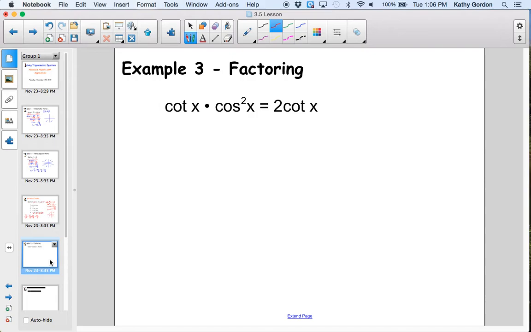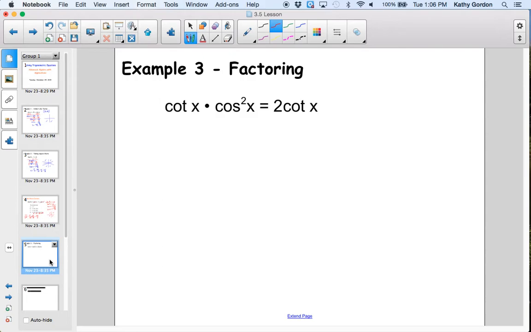And if you divide by anything that has a variable in it, you run the risk of losing solutions. Okay? So it means you've basically canceled out one of the variables, which probably represented one of the possible solutions. And that's bad.